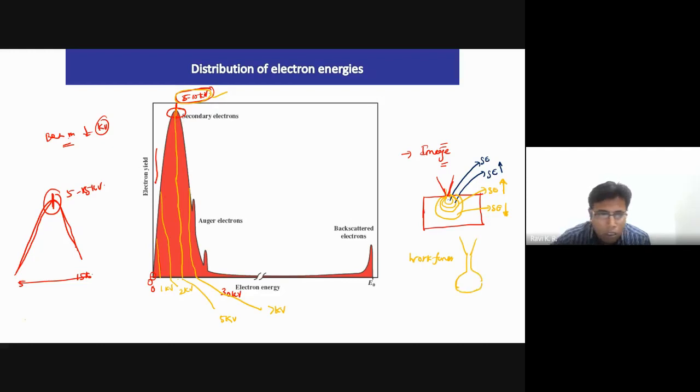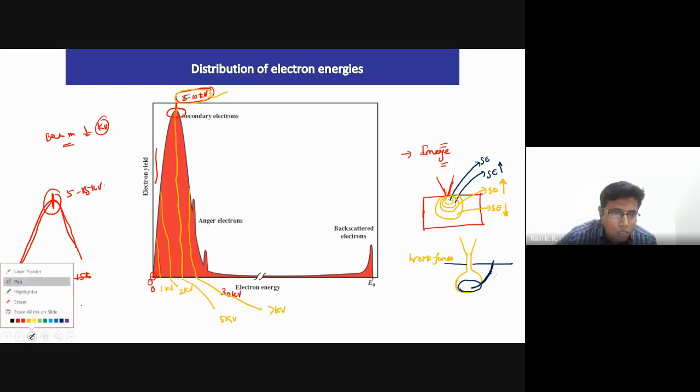Let's say this is your sample surface. Most of the electrons are generated in this region, but before reaching the surface they have to go through the sample, so some of them can get absorbed. That is the reason you start seeing the decrease.